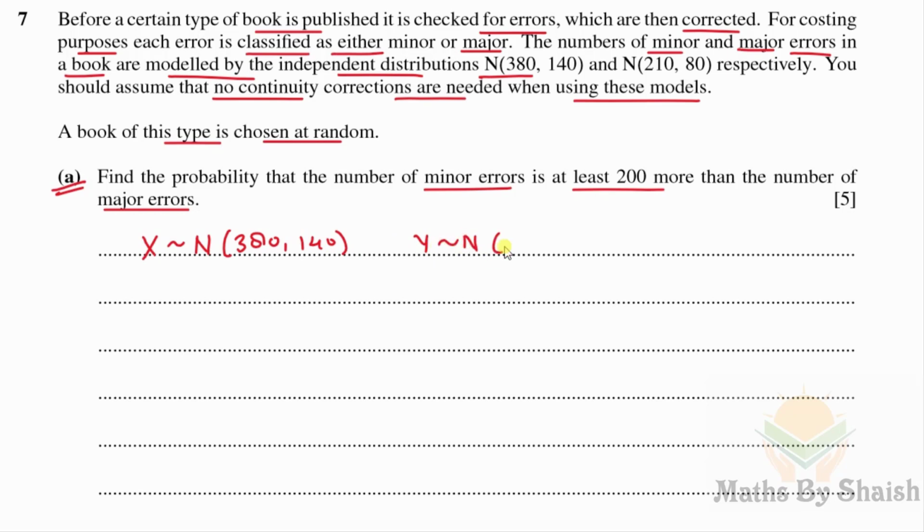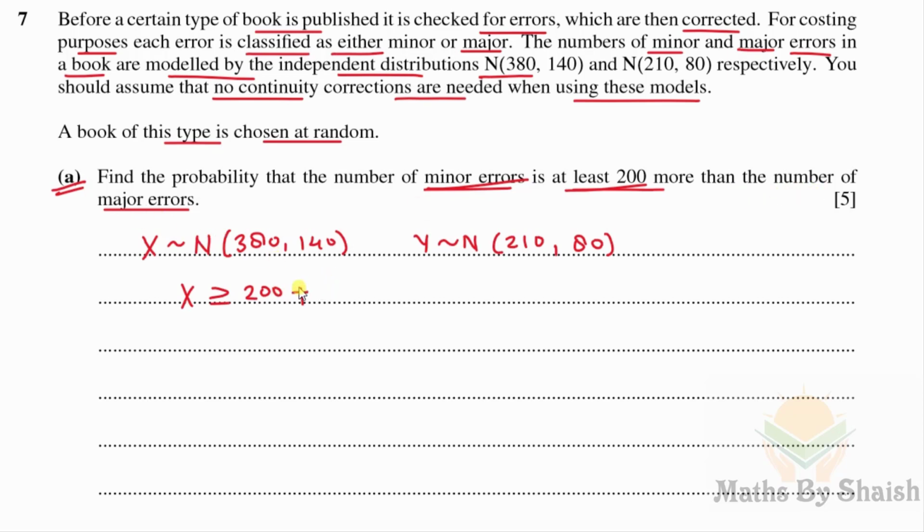Again it is also normal with parameters mean mu as 210 and variance as 80. So the probability in this way we are going to calculate for x. It is given the number of minor errors is at least 200 more than, so it means x is going to be more than or equal to 200 plus the number of major errors.